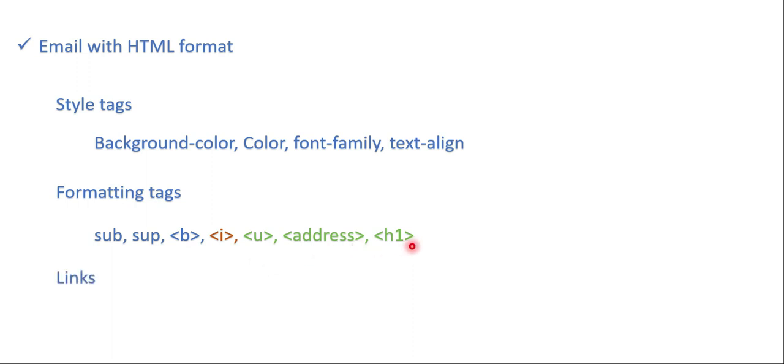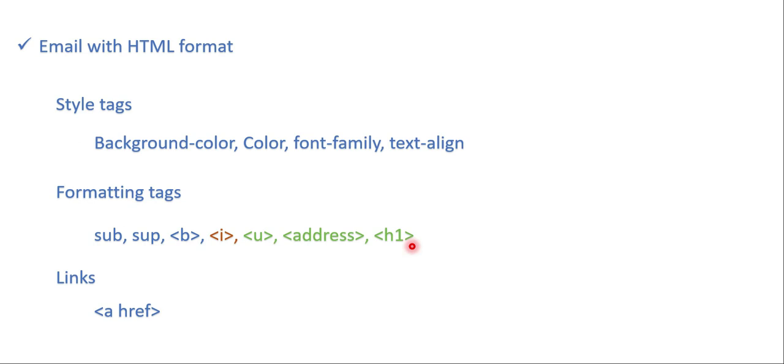And then a very frequently used tag in HTML is links, like href. If you want to provide any link to open internal or external applications, then you have to use the link called a href.